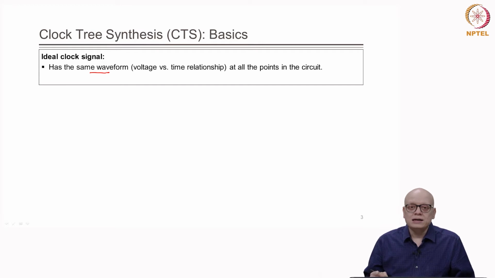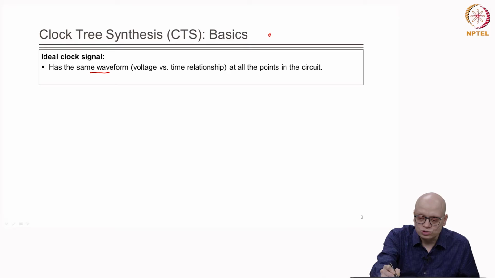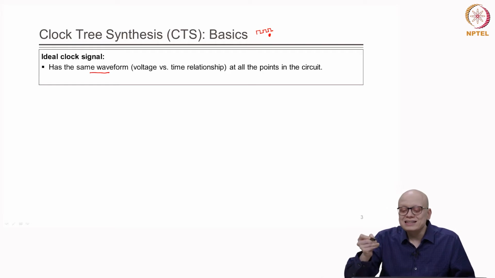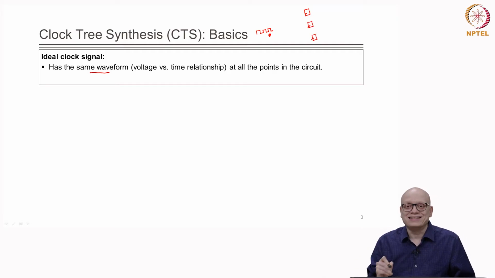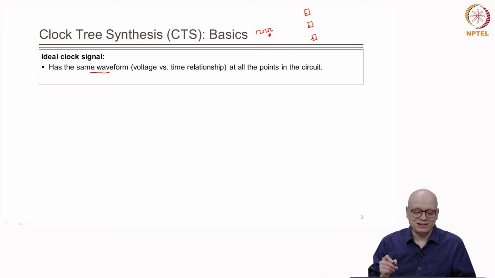So, ideally we expect that if there is a clock source generating a clock signal, the exact clock signal is available instantaneously at all the sinks or all the clock pins of the flip flops, and at all points of the circuit, the clock signal is behaving in the same manner.